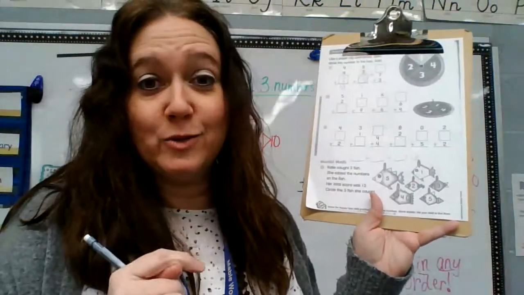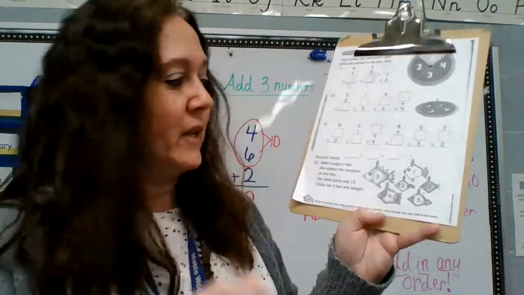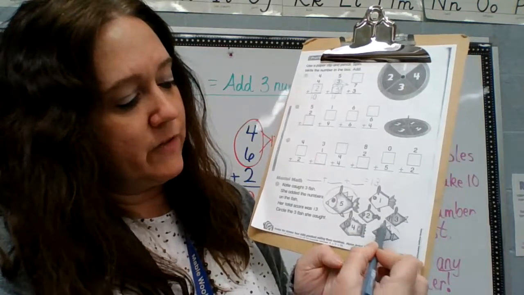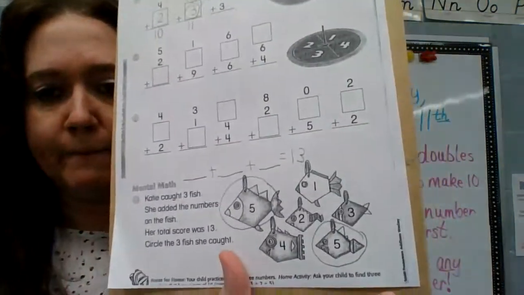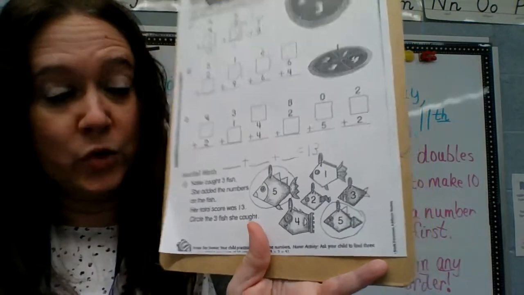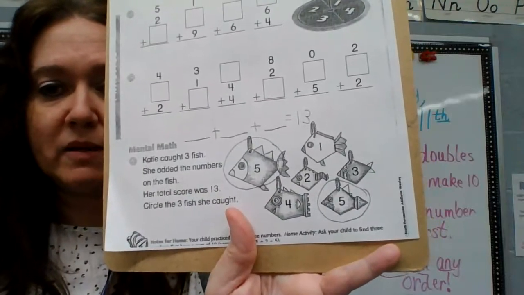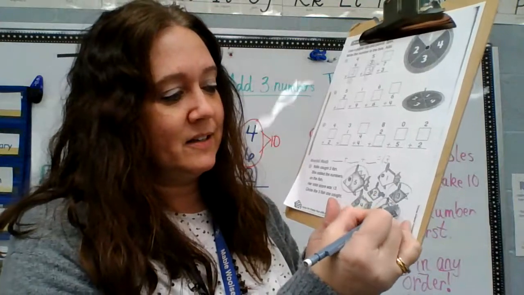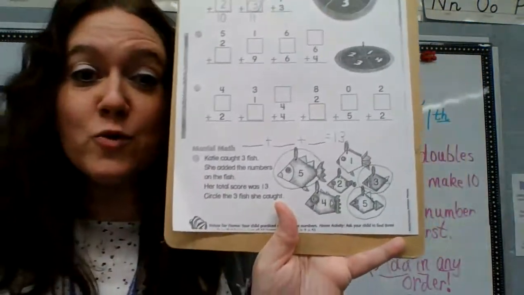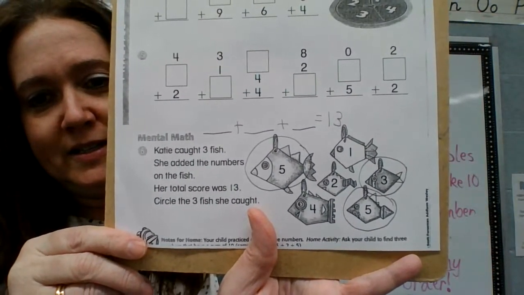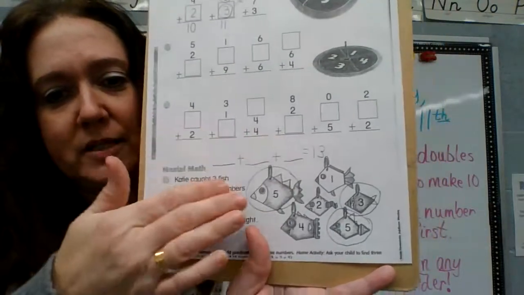So I bet a lot of you did. 5 plus 5 makes what? 10. We're trying to make 13, so what's going to be the last one? 3. If you got that on your own, give yourself a pat on the back. I know some of you did. You don't have to write this, you just had to circle.